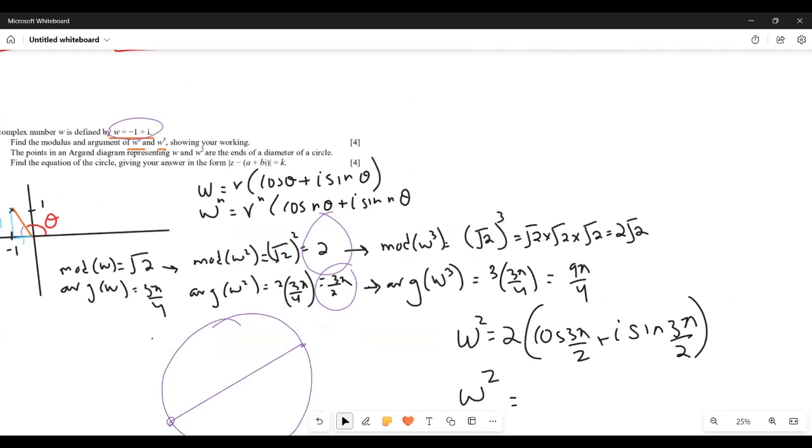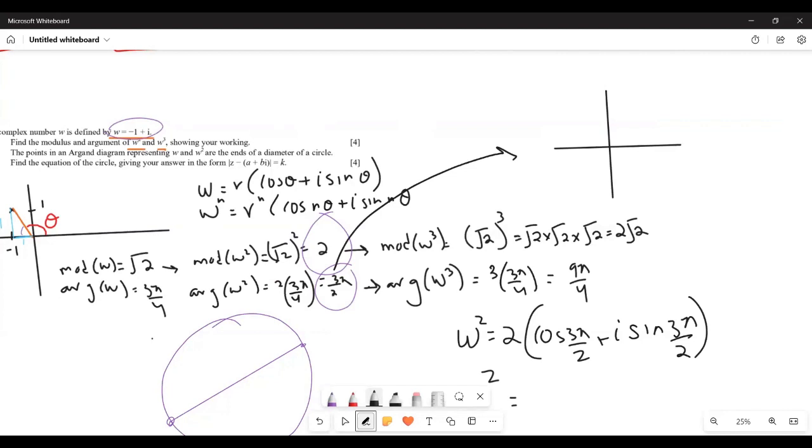Let's see where 3 pi by 2 is on a complex axis. 3 pi by 2 is how many degrees, by the way? 3 times 180 divided by 2. Okay, so it's 270 degrees. So from here to here, it's 3 pi by 2. But the argument must be between pi and minus pi.